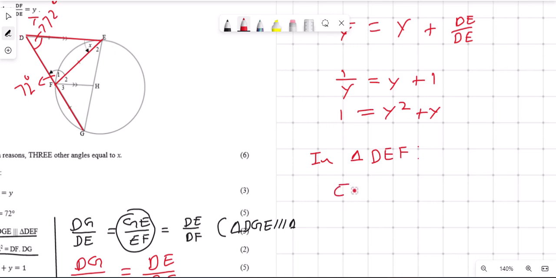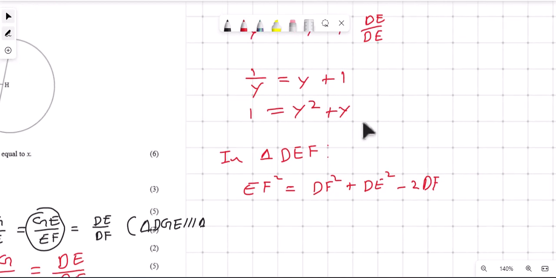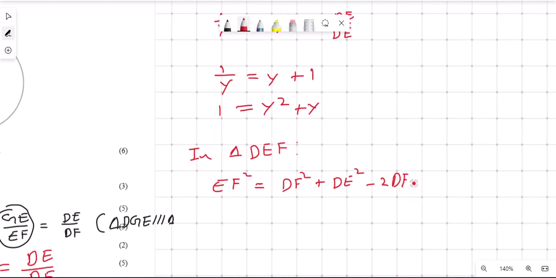EF squared is equal to what? DF squared plus DE squared minus 2 times DF times DE cos D. Yes.